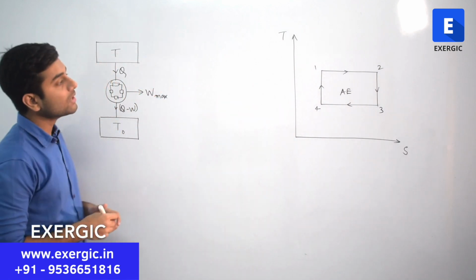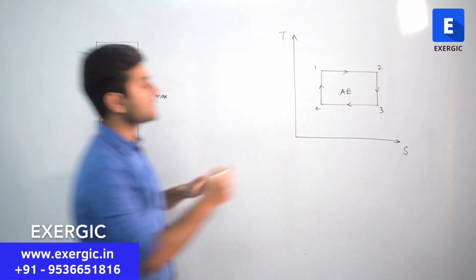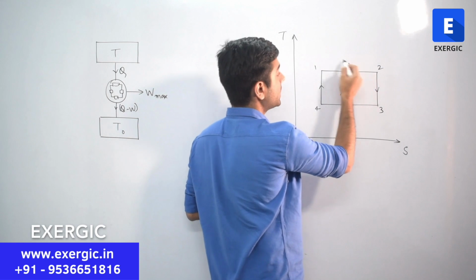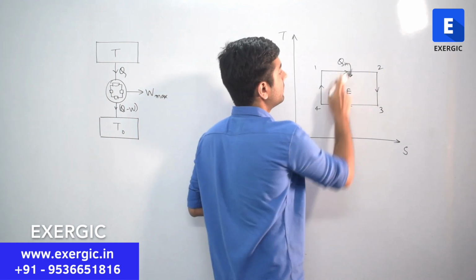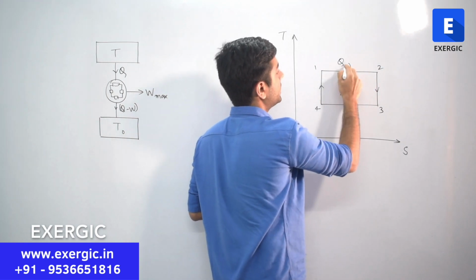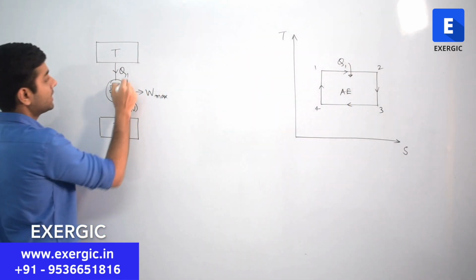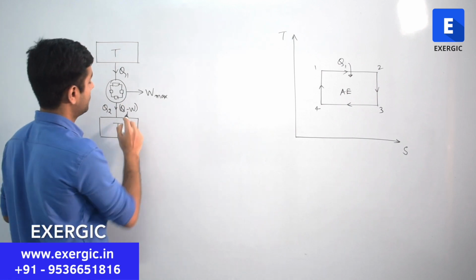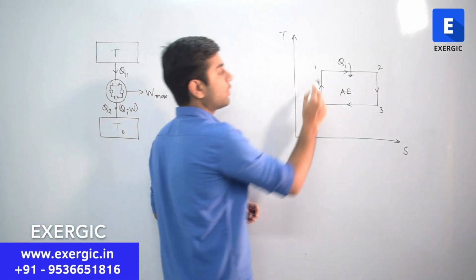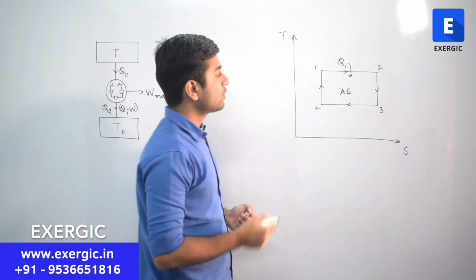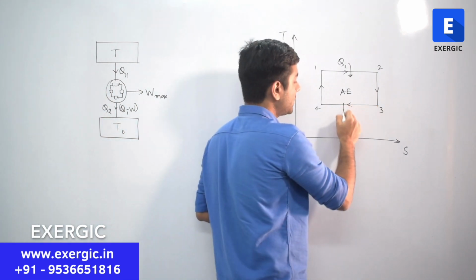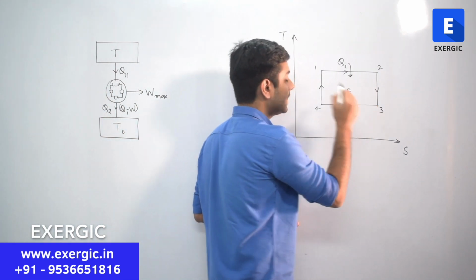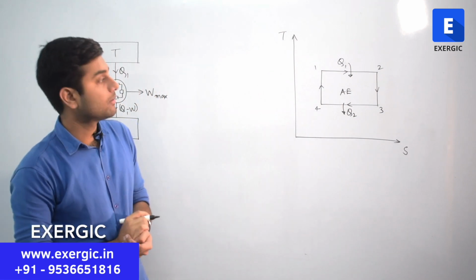Okay. In moving from 1 to 2, it is absorbing heat, which is just Q here, or let's call it Q1. We will also write it Q1, and let's say this is Q2, which is equal to Q1 minus W. So from 1 to 2 it is absorbing heat, let's call that Q1, and from 3 to 4 it is rejecting heat, let's call that Q2. Correct?